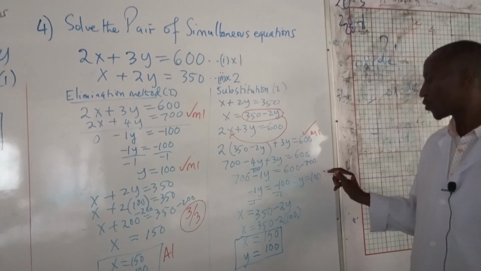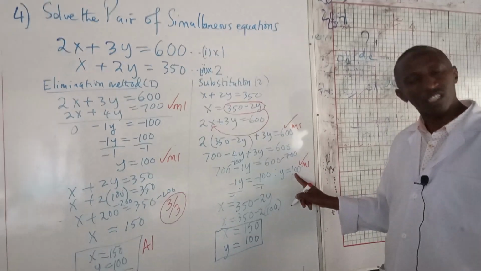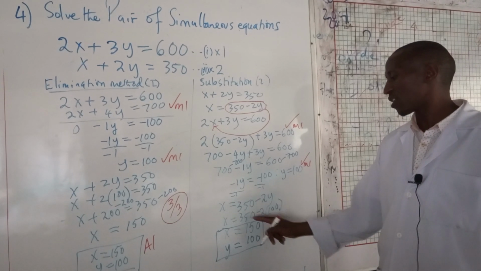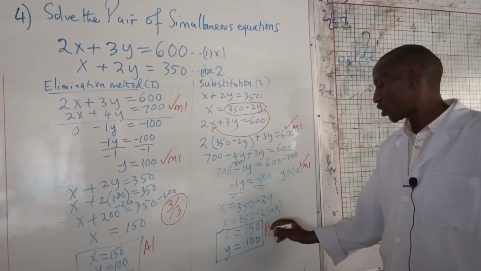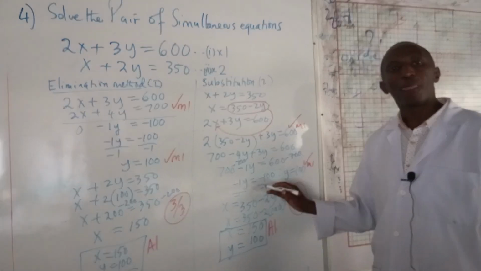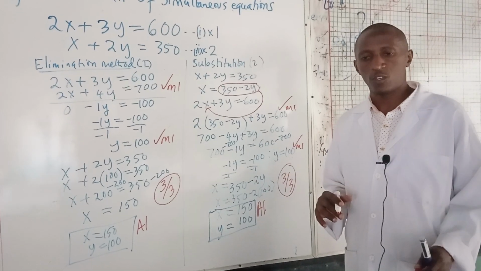And when the learner is able to get the first result correct, that is M1, it's a correct method, and that method shown in getting the answer for x gives you A1, and that also earns the learner 3 marks in such a short question.